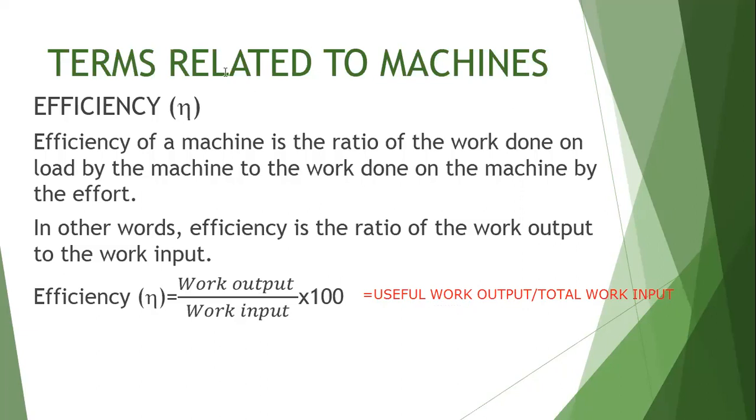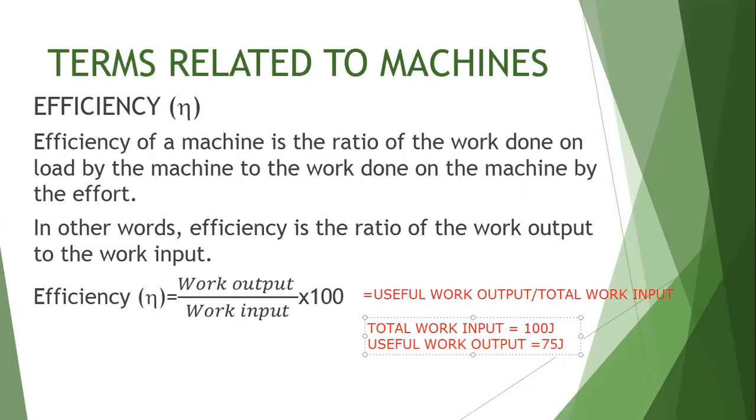Assume, just for the sake of your understanding, that the total work input is 100 joules, and the useful work output from the machine is 75 joules.